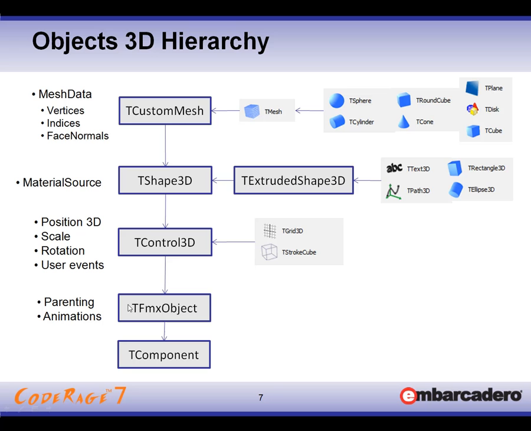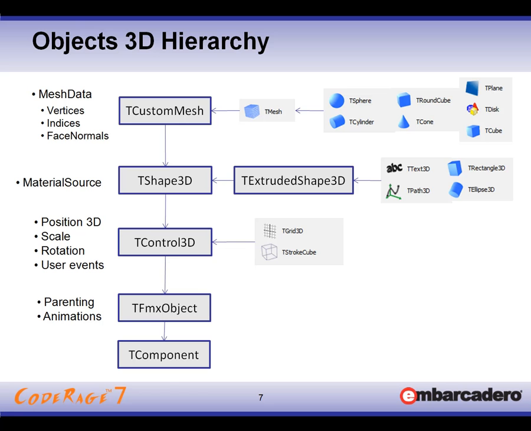The TFmxObject is a base class for all FireMonkey components, both HD or two-dimensional and 3D. This class, TFmxObject, implements some basic functionality that is common to every FireMonkey object.